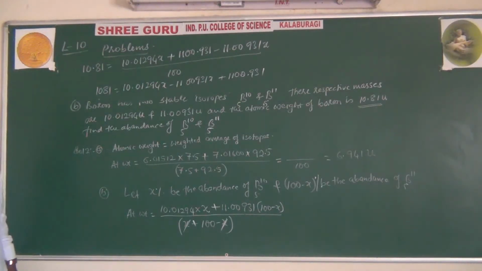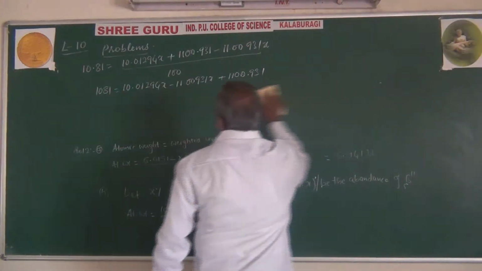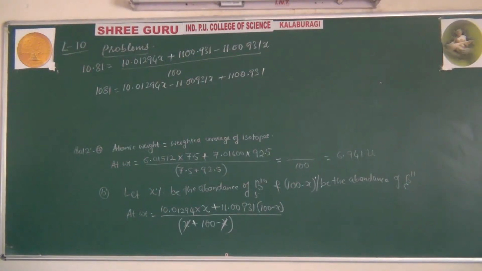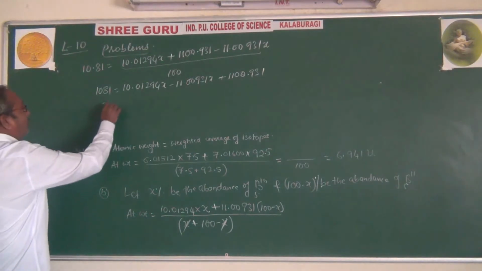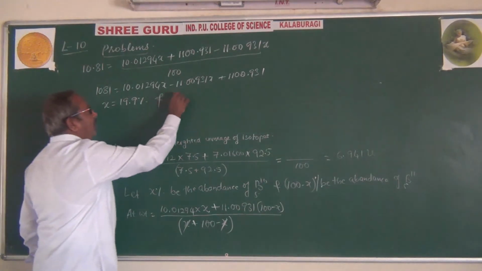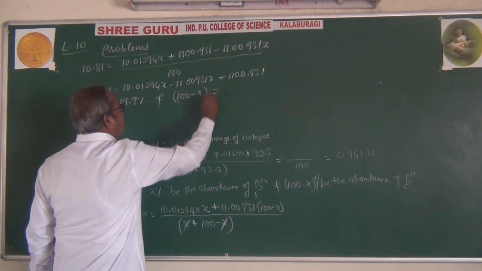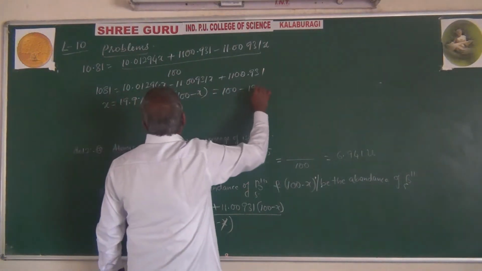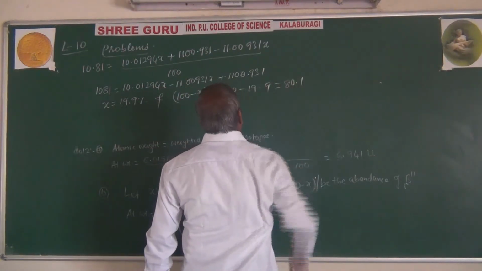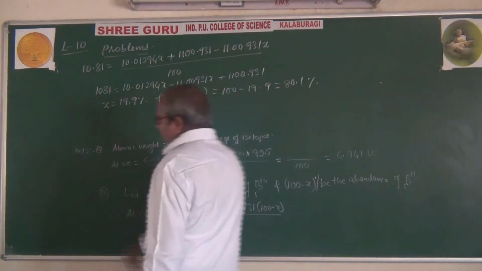By mathematical treatment, solving for x, we get the value of x as 19.9%. The other value is 100 minus x, which is 100 minus 19.9, equal to 80.1. Is it right? So these are the relative abundances of the two isotopes.